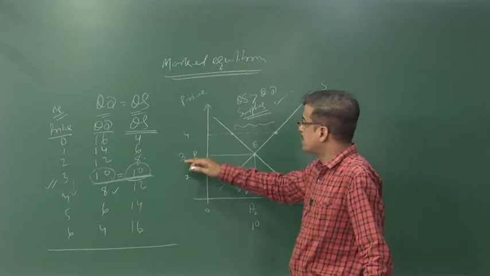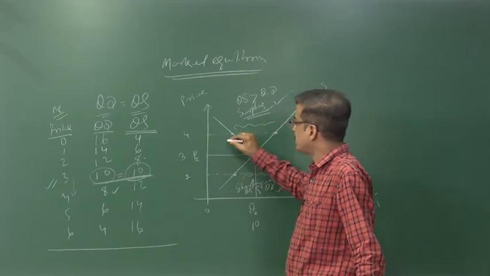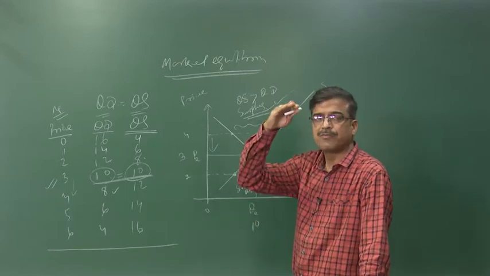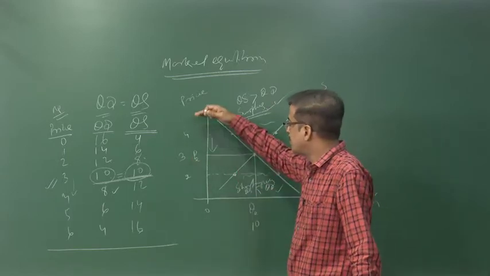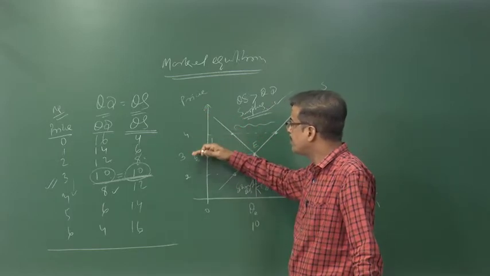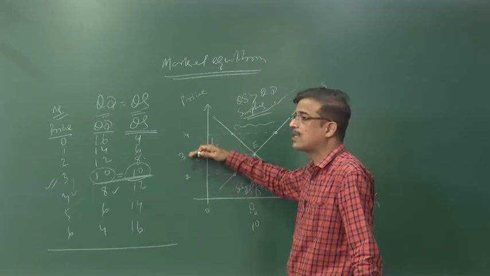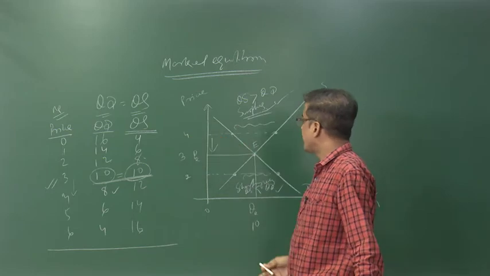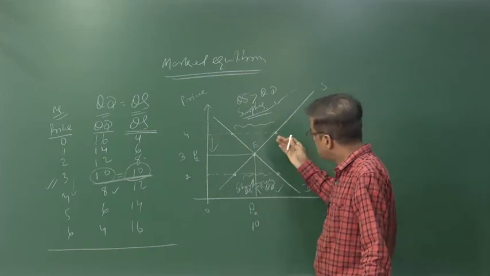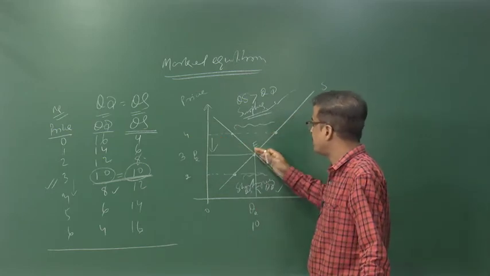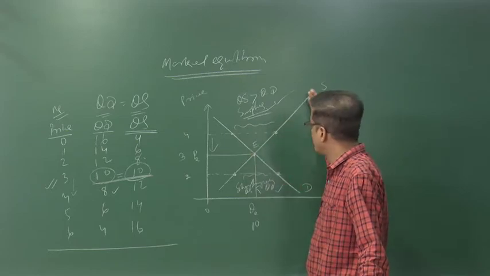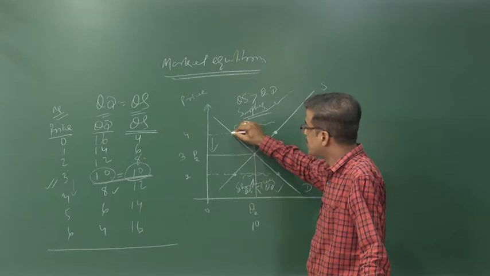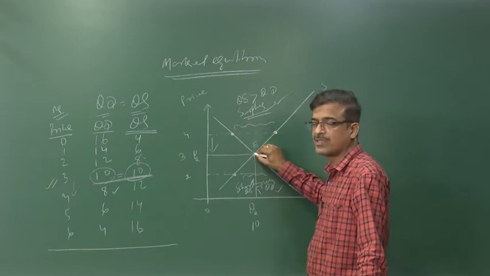In this situation, if it is a surplus, our intention is to lower the price. So we have to pressure the price down. How we have to reduce the price, that we have to think about. In order to reduce the price, either we have to reduce the supply from this point to this point, or increase the demand from this point to this point.